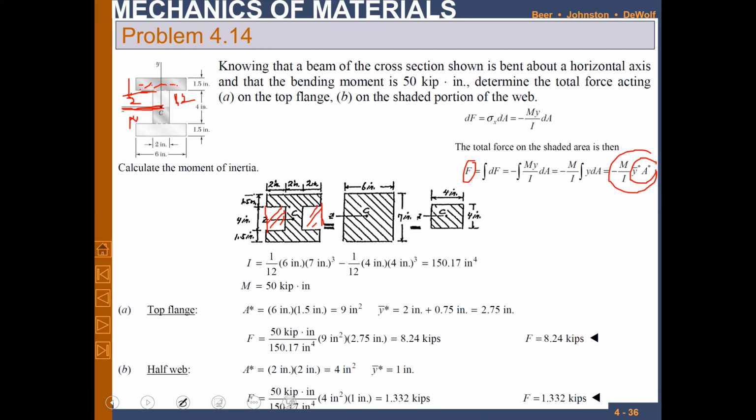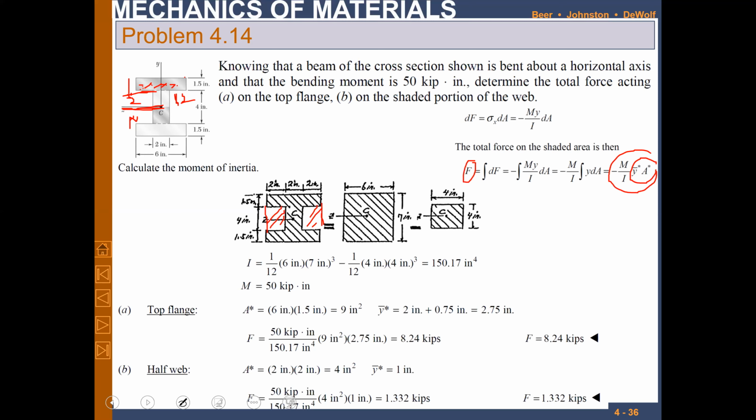The centroid will be at half of this shape, right? So it will be 0.75, half of 1.5. So from this, the top flange centroid will be at 2 plus 0.75, so it will be 2.75 inches.